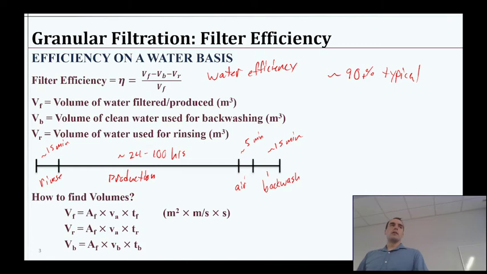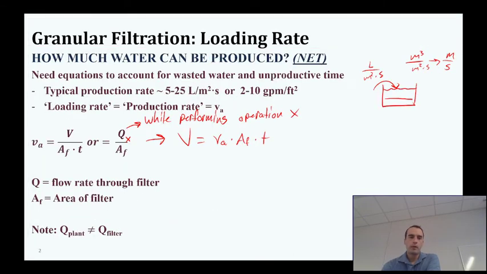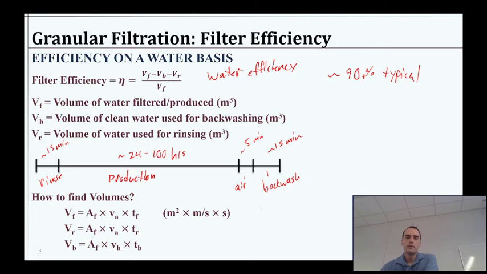Okay, so then we need the volumes for each of these, and that's what I was just talking about a moment ago. We take that equation where we were talking about this in terms of a flux, where we started by saying this loading rate, VA, is going to be equal to the flow rate through some area given some amount of time.